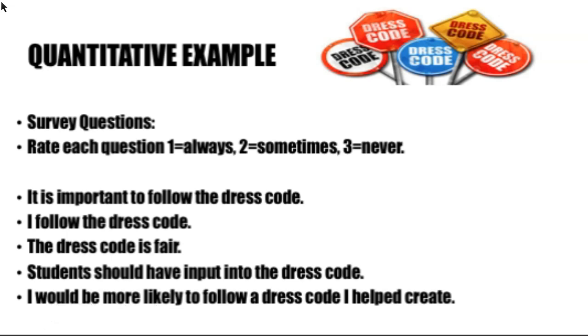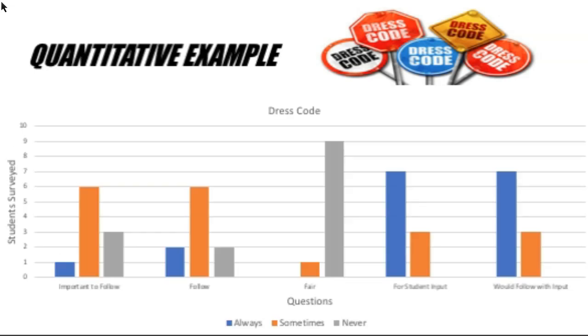Okay, these are going to be close-ended. I'm looking for numerical data here to show the significance of my research on a magnitude scale. So that's how I would measure it: 1, 2, or 3, or yes or no. And then I've got my graph here, okay, of the representation of my data.